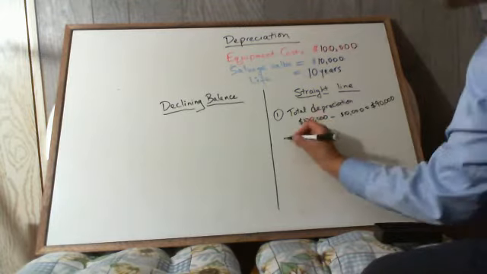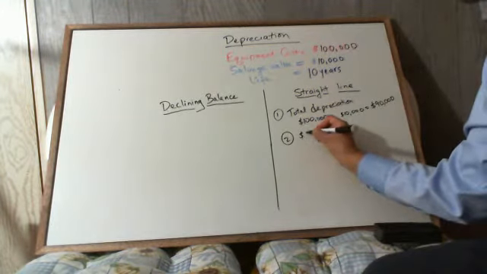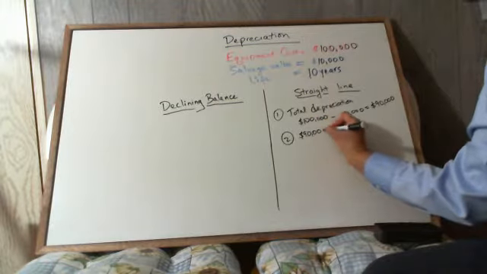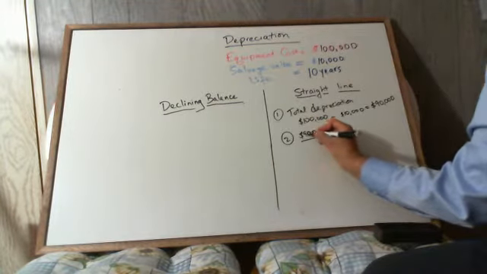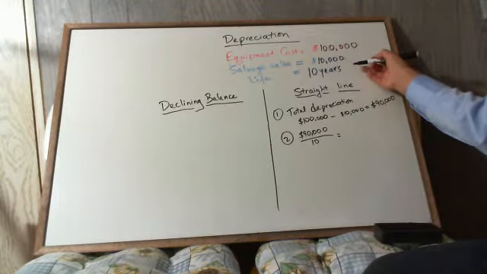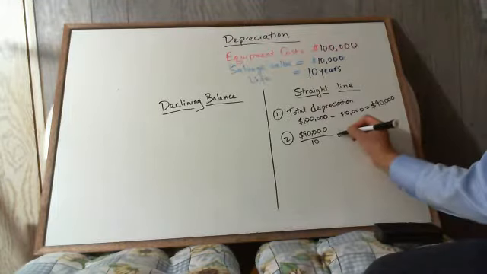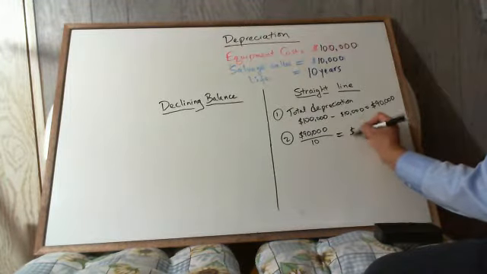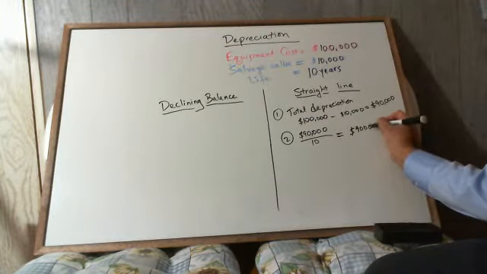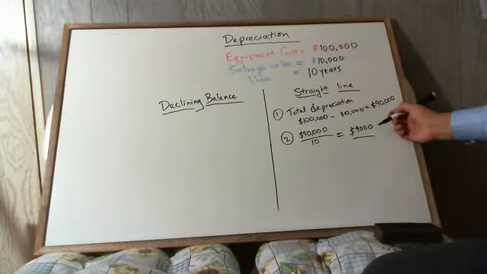The second step will be, we take that total depreciation, which is $90,000, and divide it by 10, since this is for 10 years that we are going to be accounting for this. So this will be $9,000. $9,000 will be the depreciation amount that we will account for every year.